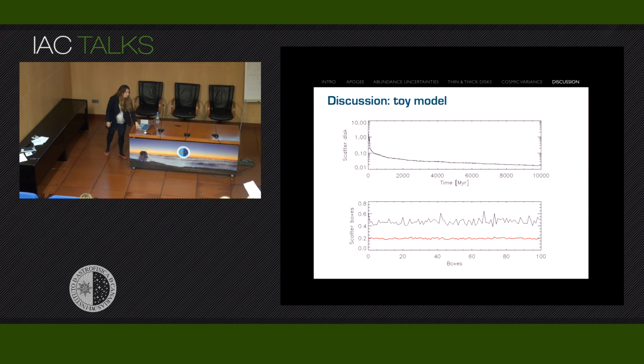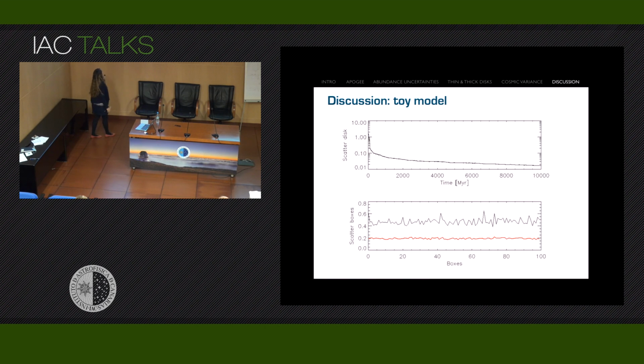So now you can take a look at the scatter. If you calculate the scatter at each time across all the zones, you will see how it drops up to 0.01 scatter, more or less. And at the same time, you can measure the scatter inside each box, but averaged along the time.